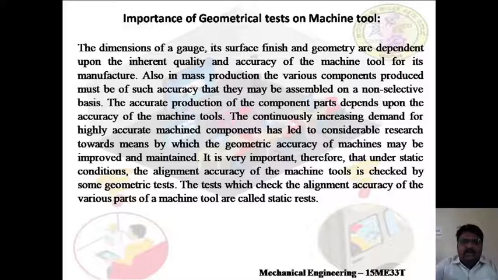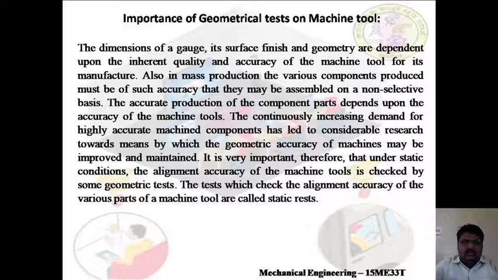It can be classified into static tests and dynamic tests. Static test: if the alignment of the components of the machine tool is checked under static conditions, then such tests are called static tests.